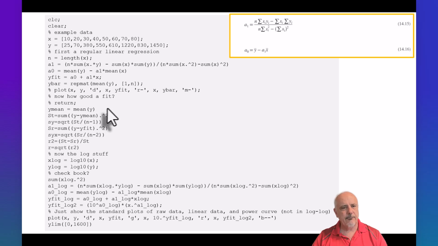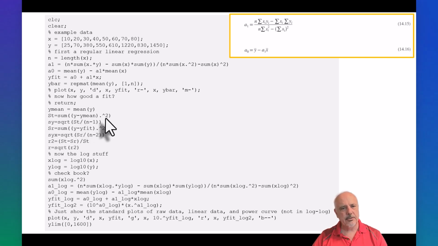So now I'm going right into figuring out how the line fit looks. ST is the sum of y minus y mean, each. These are my residuals. Y minus y mean is an array.